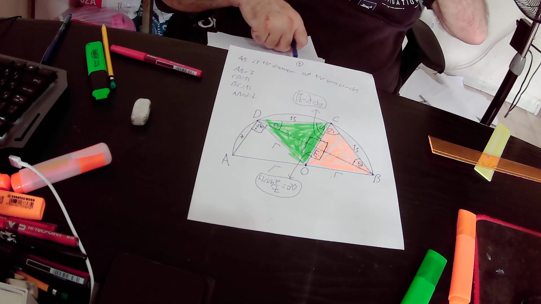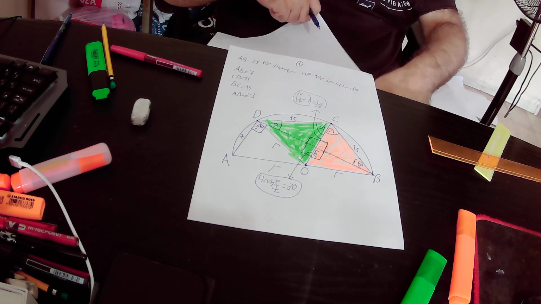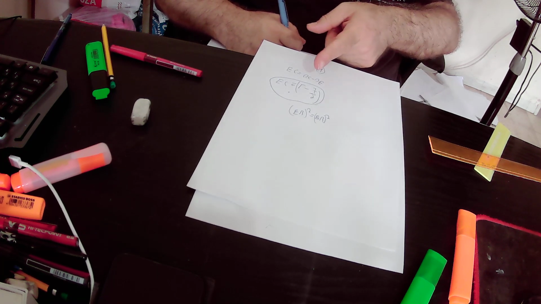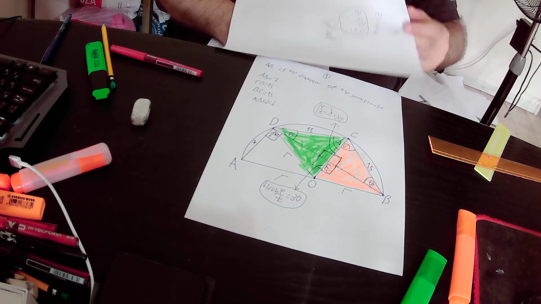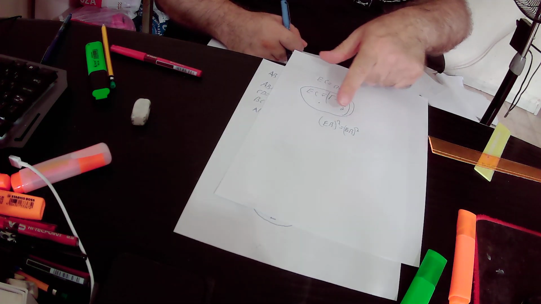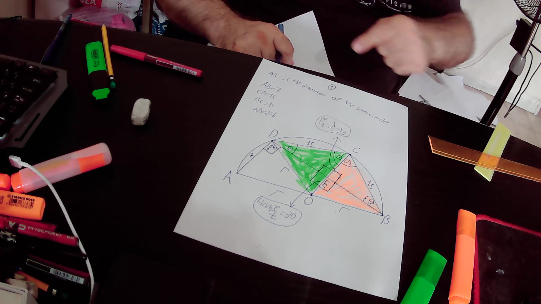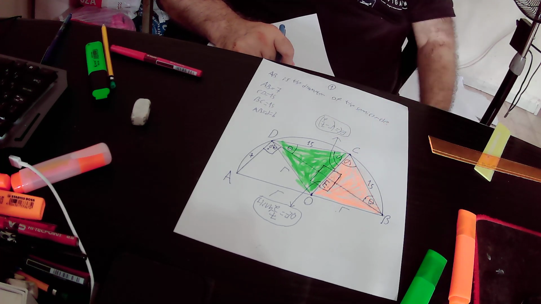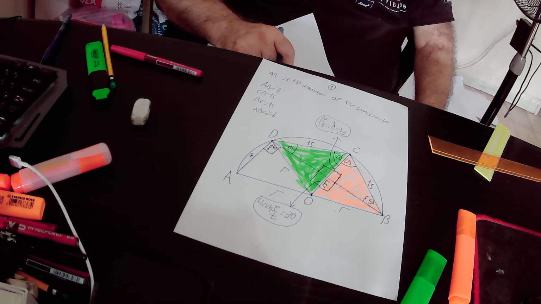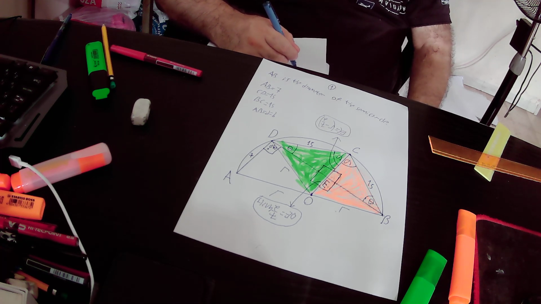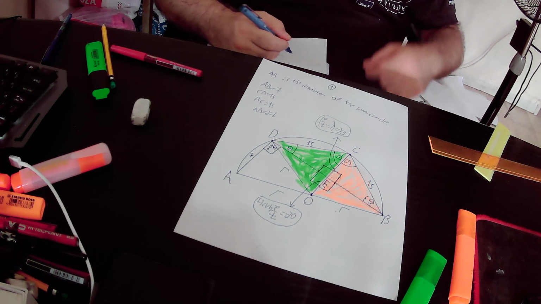So we form this equality that EB square equals EB square.